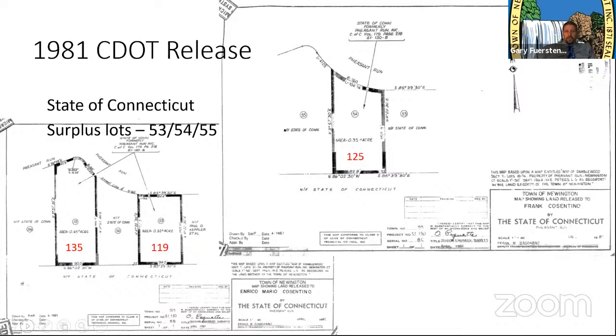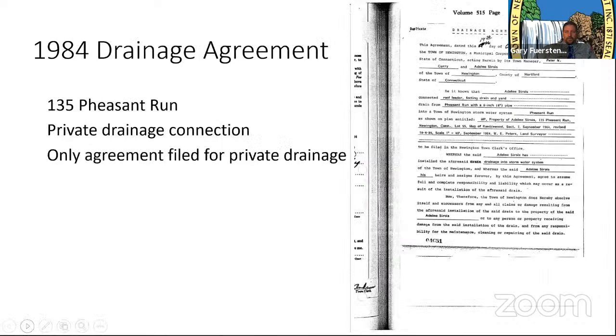This is where these lots were deemed surplus property, and the state sold off the surplus lots that they were not going to use for the expressway. And here you can see that the remainder of the parcels, further south of the private properties, were owned by the state of Connecticut.